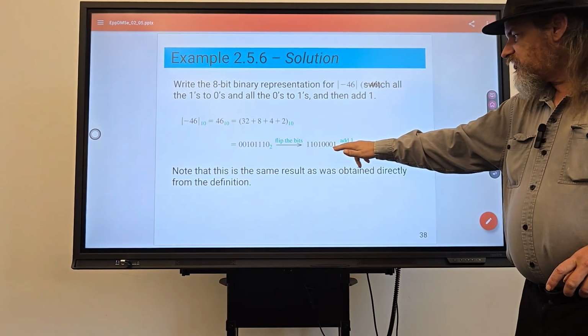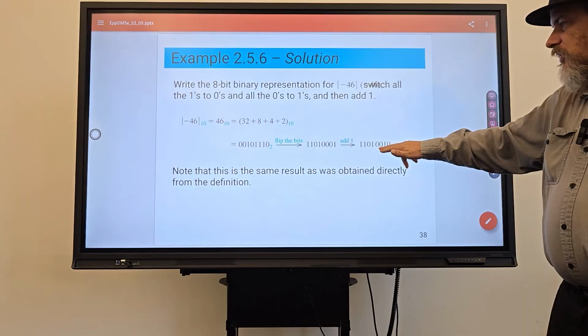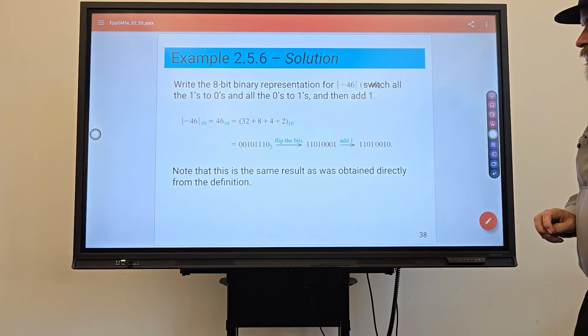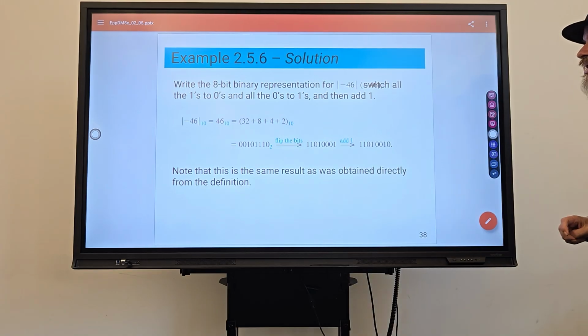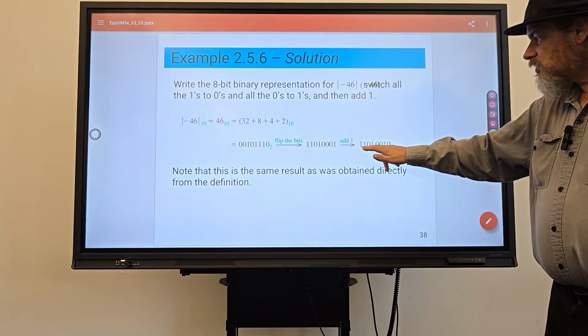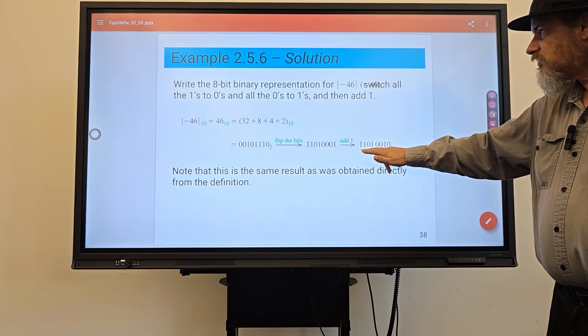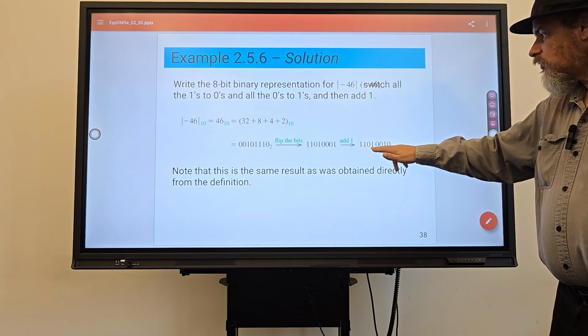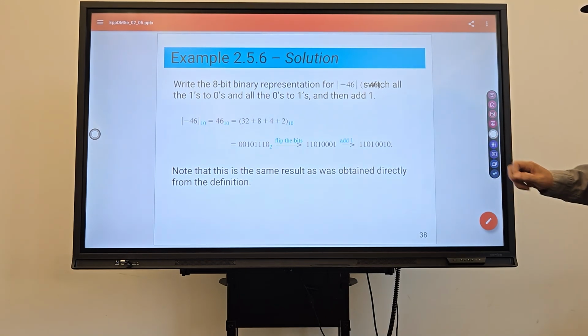Then you flip the bits, and then you add 1. So your 8-bit 2's complement representation of minus 46 is 11010010.